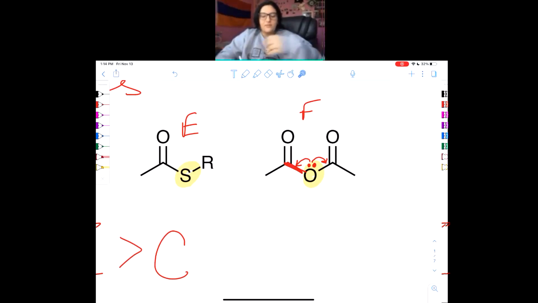So again, the more electron donating effects you have, the stronger the bond, the less reactive it's going to be. So in this case, we have the electrons being donated to both sides. So overall, there will be less donation happening to this side, which means this will be a weaker bond, which means this will overall be more reactive because this bond can break more easily. Does that make it a little bit more clear?